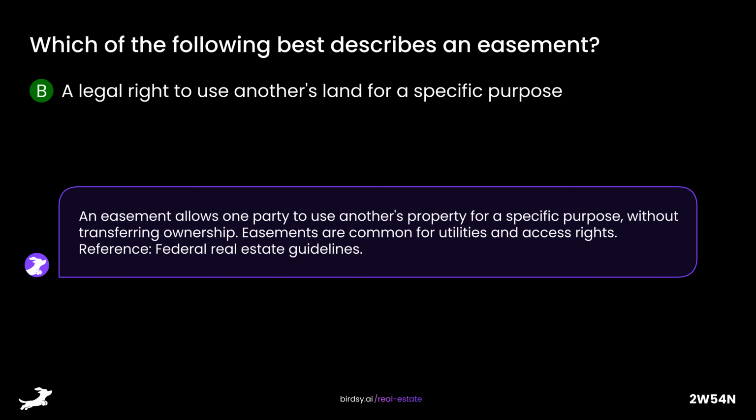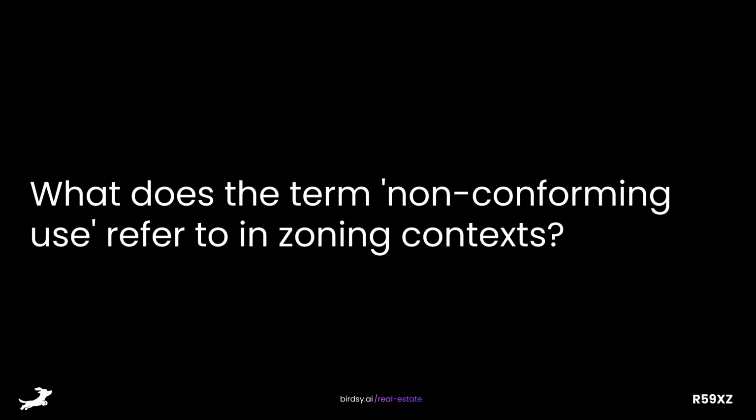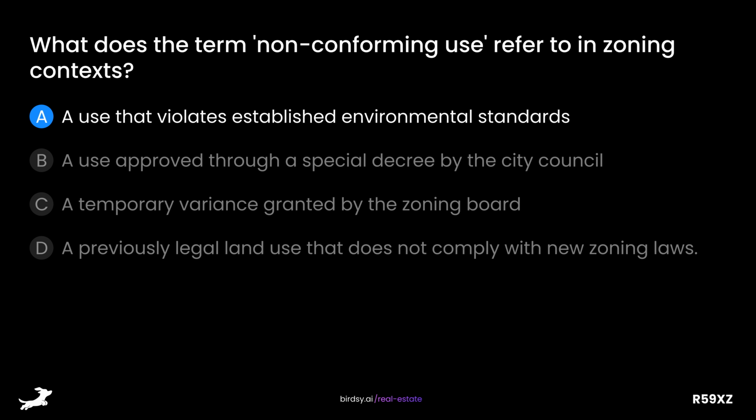An easement allows one party to use another's property for a specific purpose without transferring ownership. Easements are common for utilities and access rights. Reference: Federal Real Estate Guidelines. What does the term non-conforming use refer to in zoning contexts? Is it A, a use that violates established environmental standards?